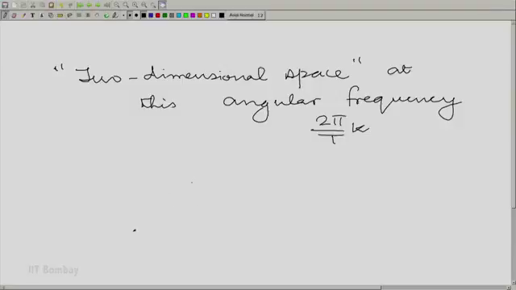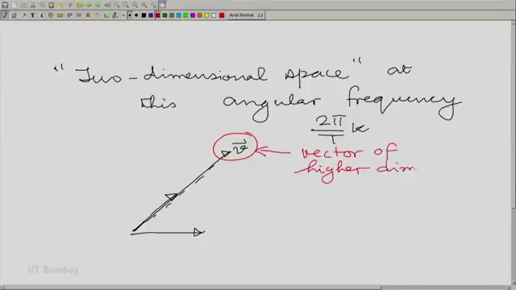I will draw a so-called three-dimensional vector here. So, I have these two components and a third component, a third dimension. I am just drawing an arbitrary vector like this in 3 dimensions, which I am calling V. Now, what you need to do is to visualize this vector V as a vector of a higher dimension.